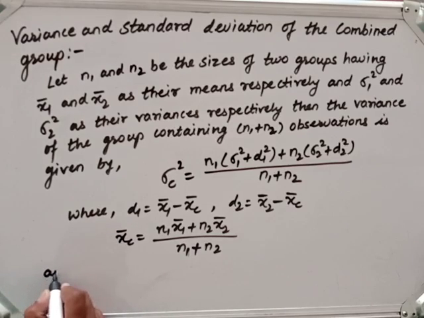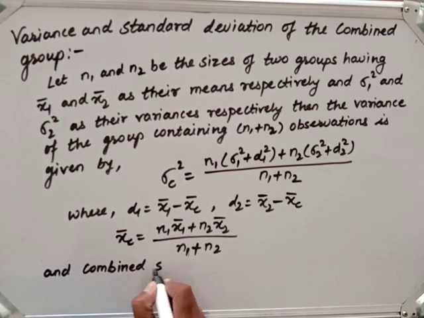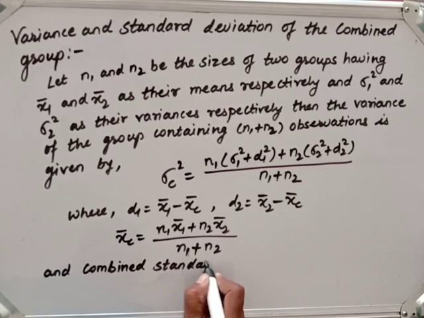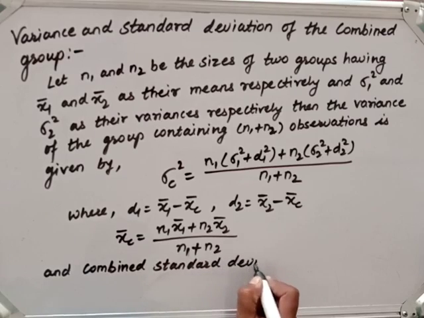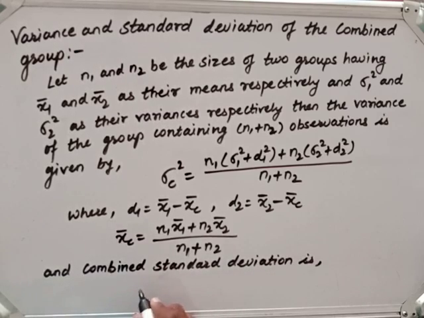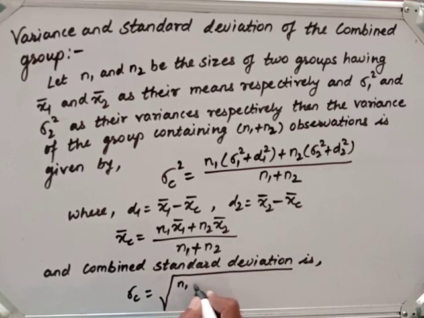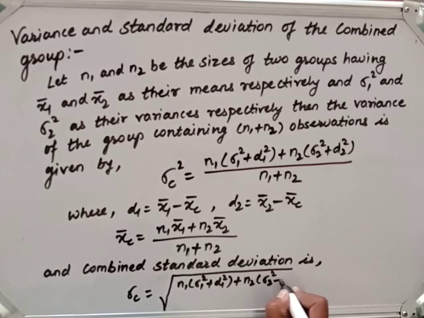Therefore, the combined standard deviation, sigma c, is the square root of n1 sigma 1 square plus d1 square plus n2 sigma 2 square plus d2 square upon n1 plus n2.